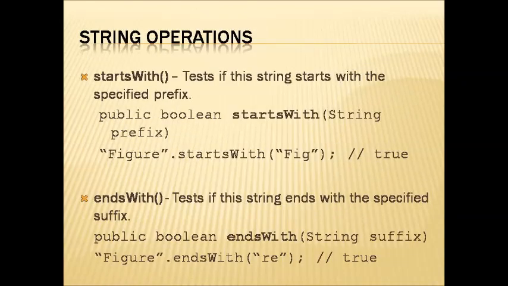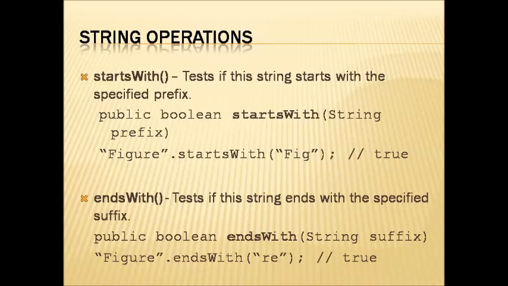Now, two important functions, the startsWith and endsWith functions. These two functions are used for checking whether a particular string starts or ends with a specified prefix or a suffix.